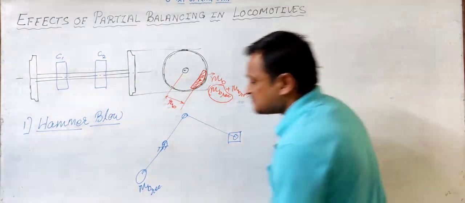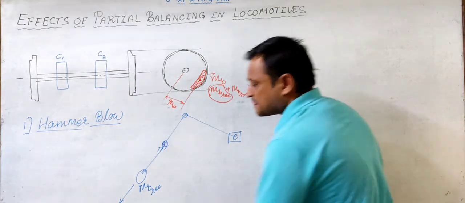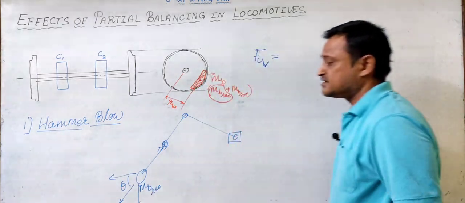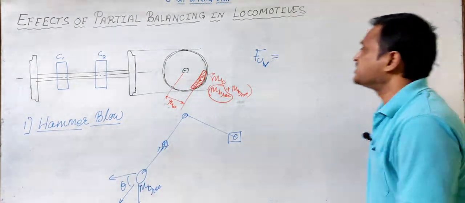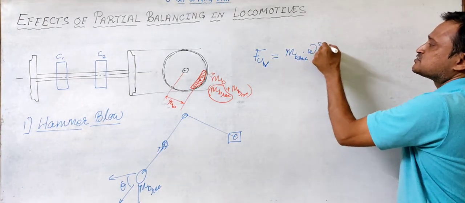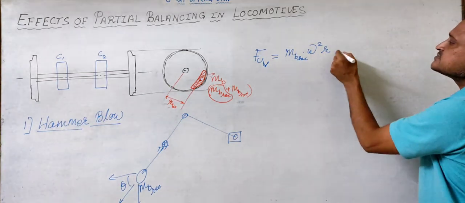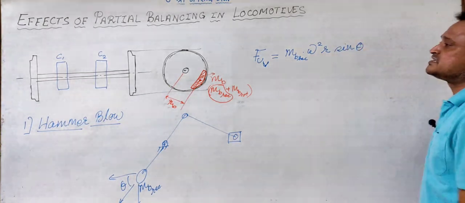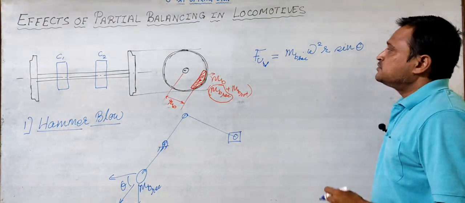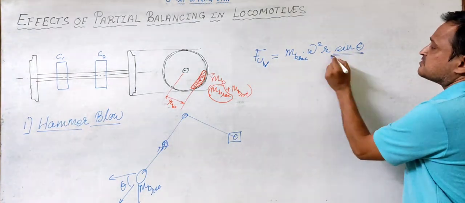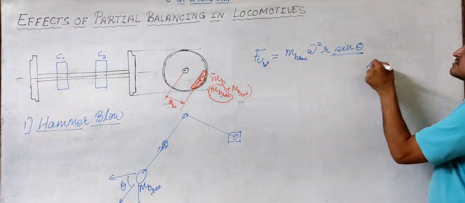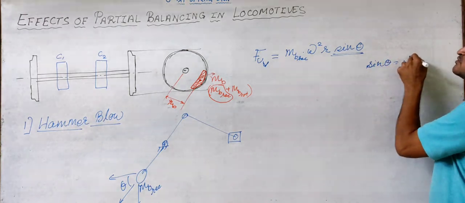Now this will be the force, and these are the two components we have seen: the cos component and the sine component. So the vertical component will be MB reciprocating omega square r sine theta, and this is acting vertically. The magnitude of this vertical force will be maximum when sine theta is maximum, that is equal to 1.